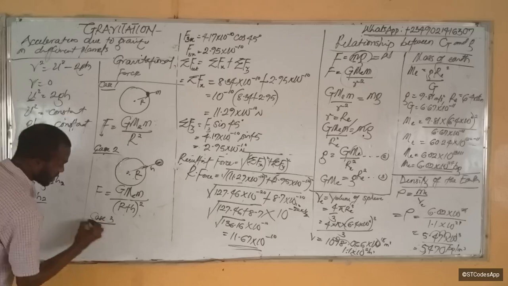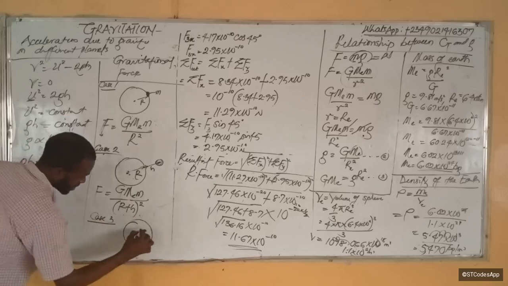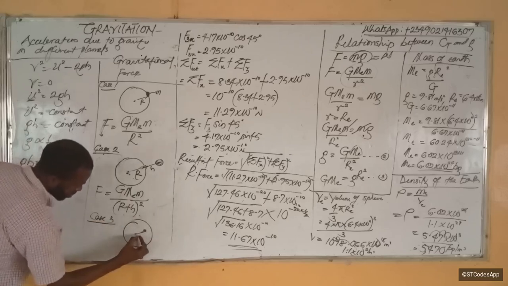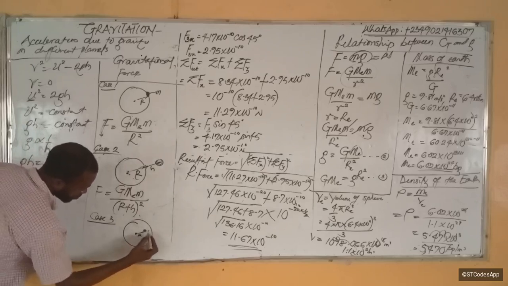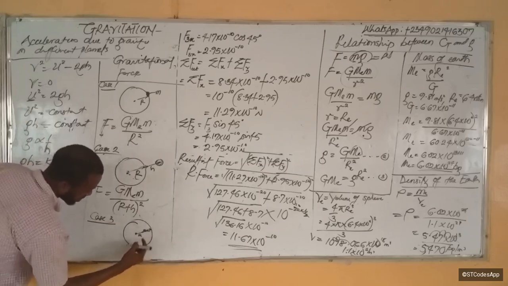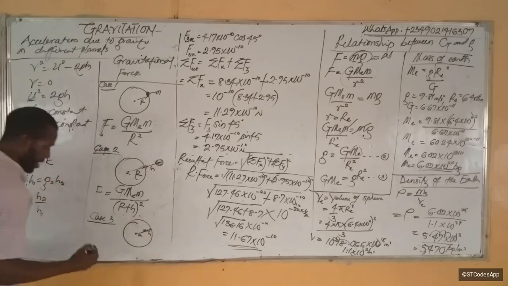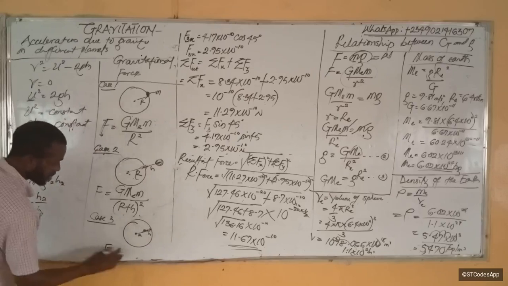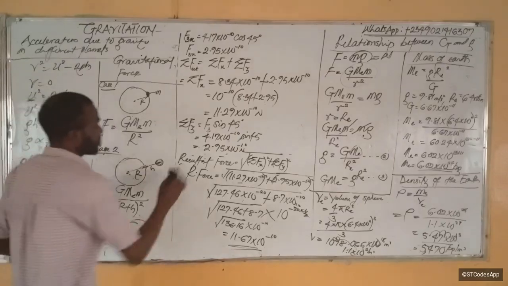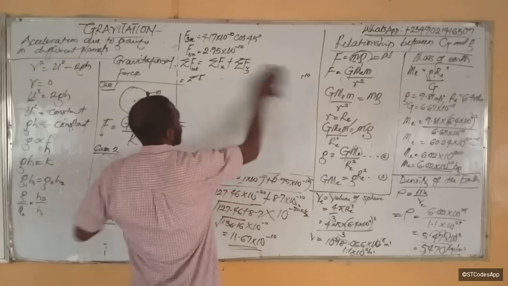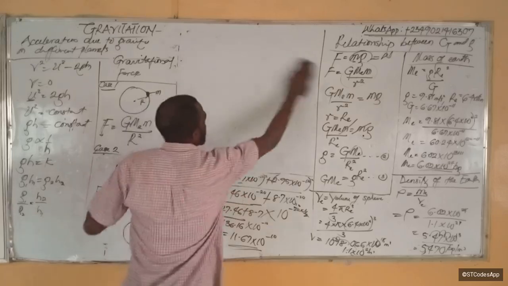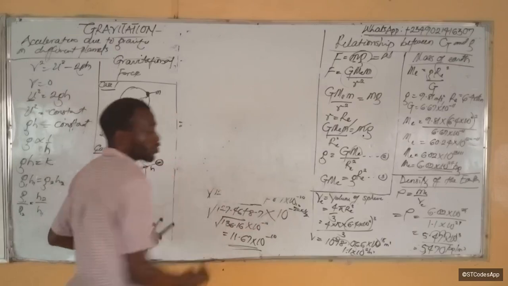Then for case 3, where the object is somewhere inside the Earth, like this, there is a distance H away from the surface. I'm trying to rush because of the space on my phone, but just try and understand.